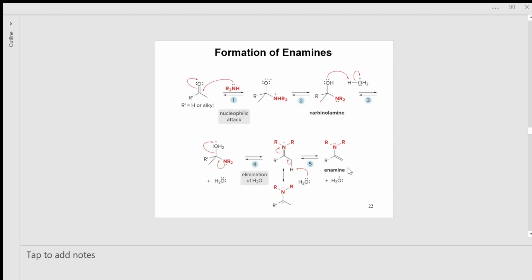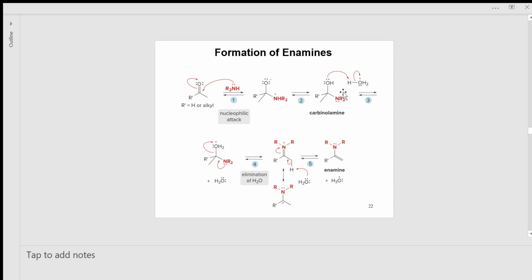The mechanism is similar to imine formation. The first step is also a nucleophilic addition reaction, because the lone pair electrons from nitrogen attack the positively charged carbon to form the addition product. The proton transfers from nitrogen to oxygen to form a neutral compound.